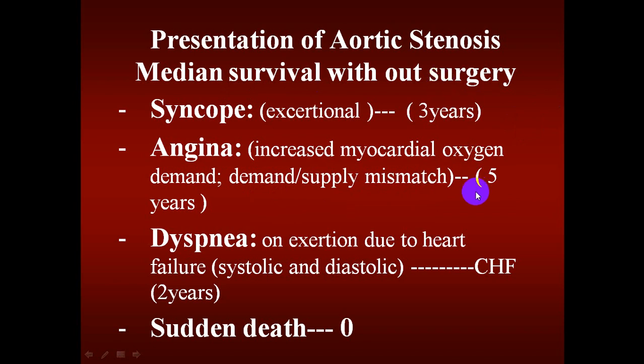Median survival without surgery is 5 years. Dyspnea is the worst, heart failure on exertion. Systolic, diastolic, or congestive heart failure, median survival is 2 years. And previously we said between 2 to 3 years the median survival for the whole age group. It might present with sudden cardiac death.